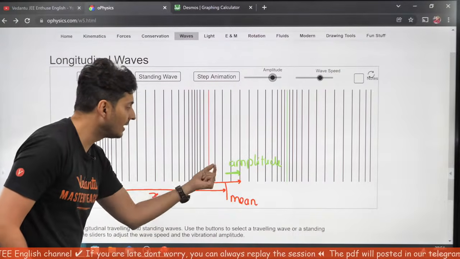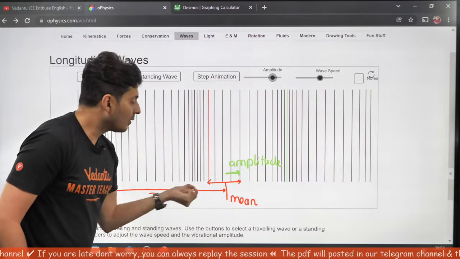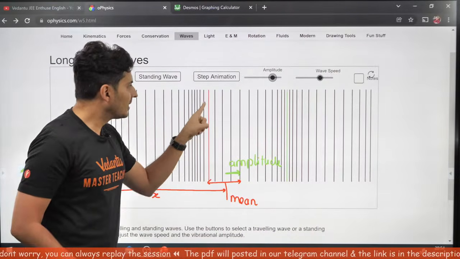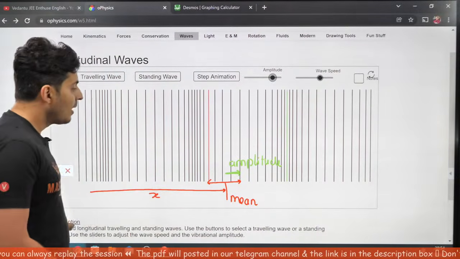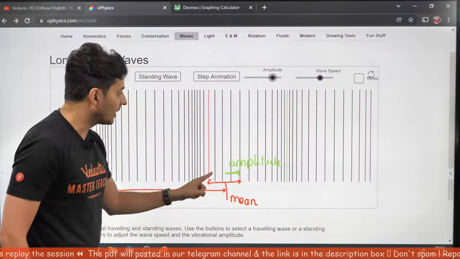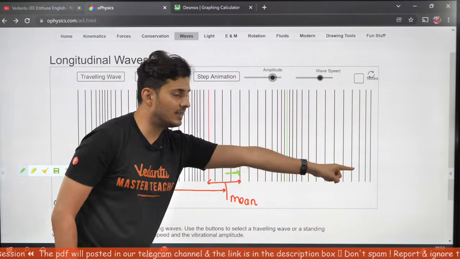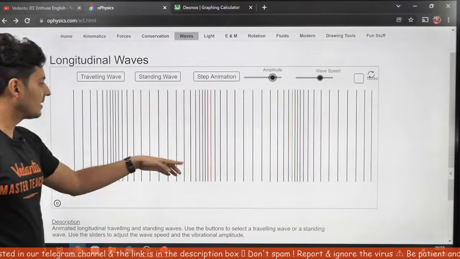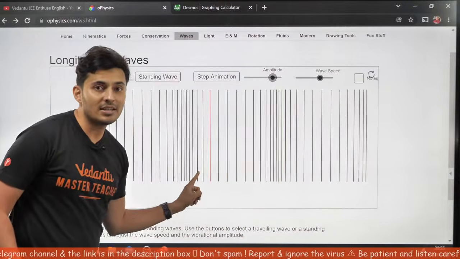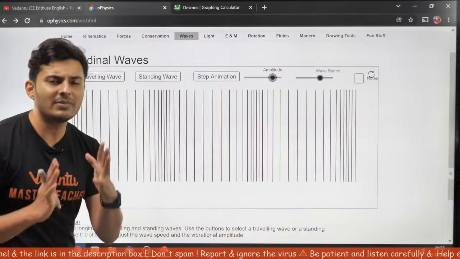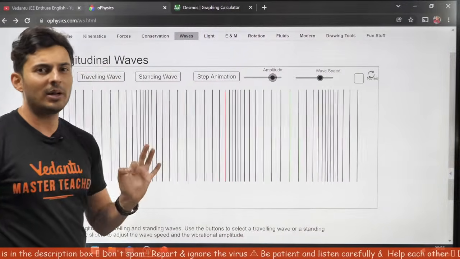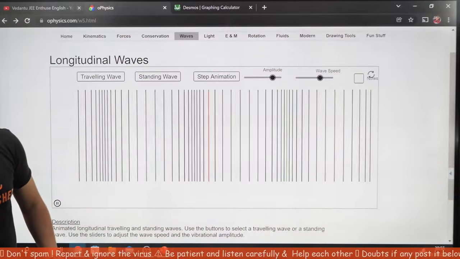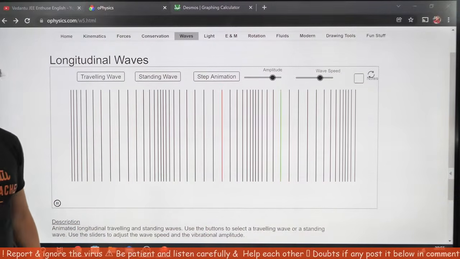And at any instant, the particle's position will be a function of x and time. So this particle's position will depend on where you are, which particle you are talking about. Am I talking about this? So it will depend on x, and it will also depend on time, because if I play this, the position of the particle changes with time. So the same thing, but a small modification for a sound wave. Observe now. Yes, the particle is performing SHM just like before.